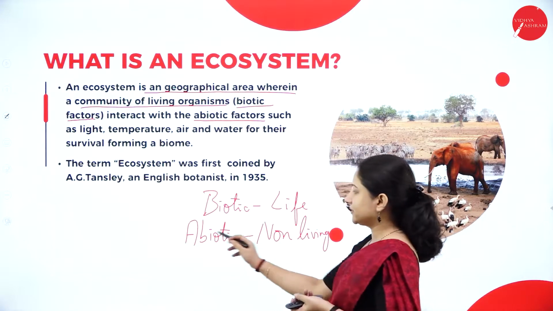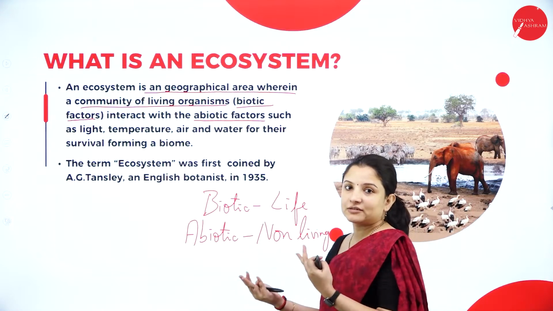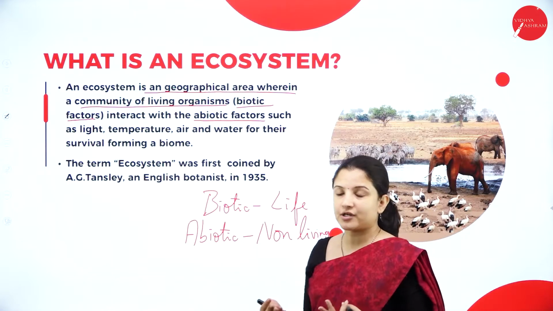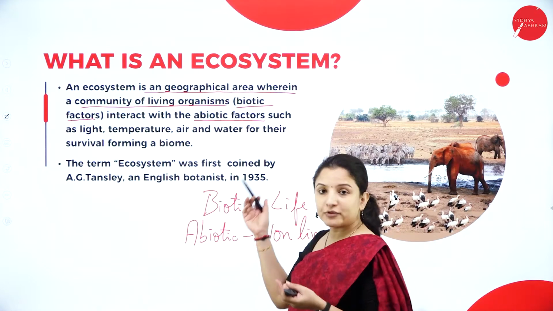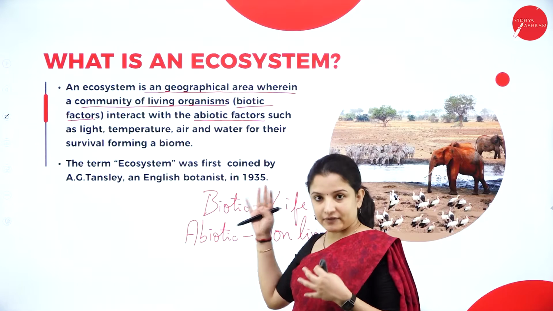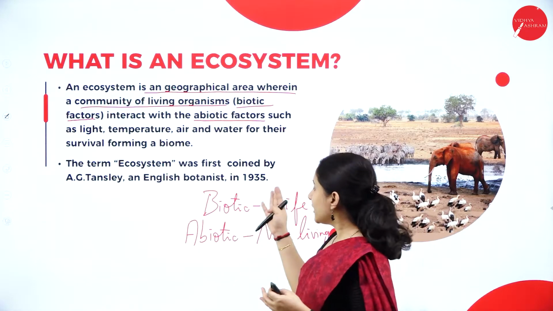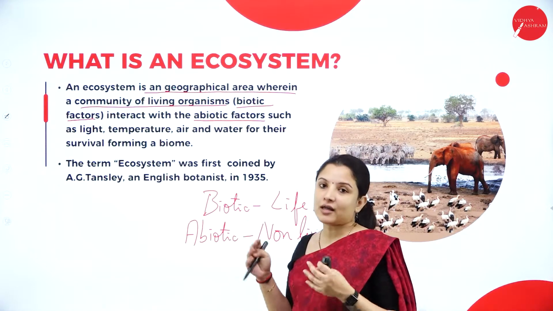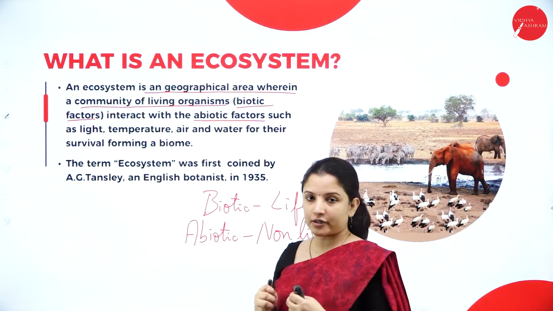So that is the difference here. So we have opposites, right? How you learn opposites in English grammar, just like that, here the opposite of biotic is abiotic. Biotic are the ones that have life, they are the living organisms. Abiotic are the ones that do not have life, they are the non-living organisms.